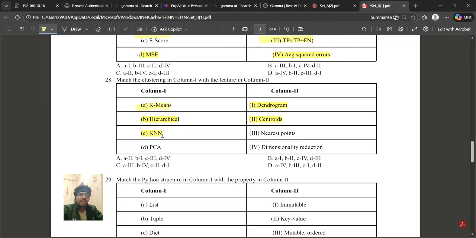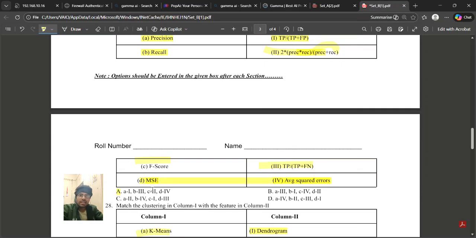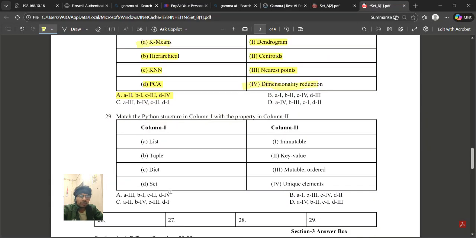KNN is the k nearest neighbors, so its answer is third. PCA is for dimensionality reduction, so its answer is 4. So this is a simple answer, and the answer is A.